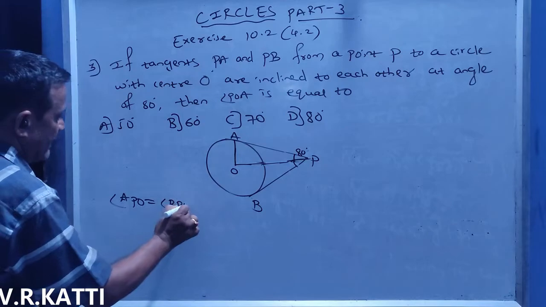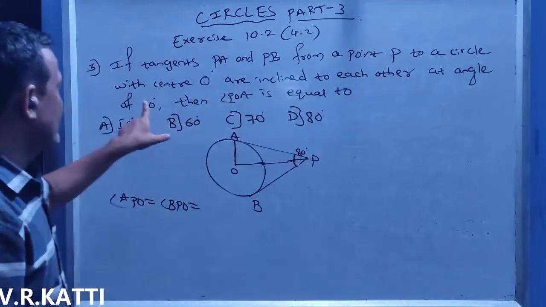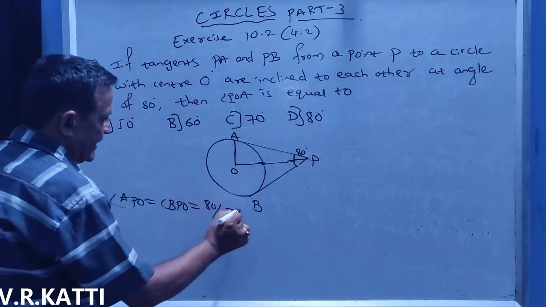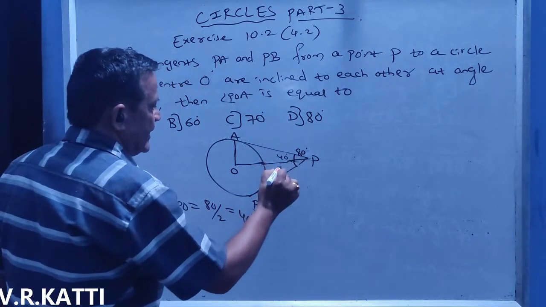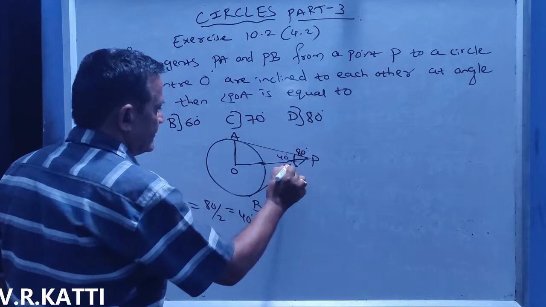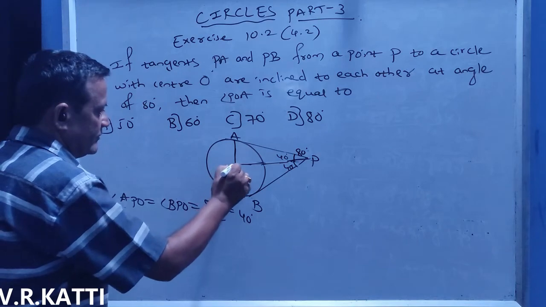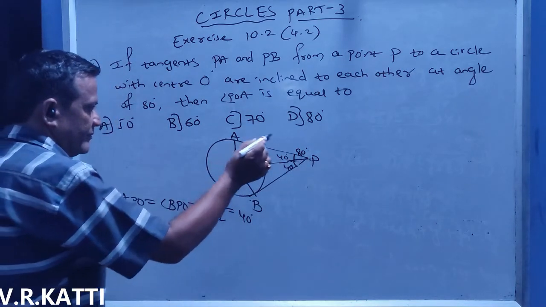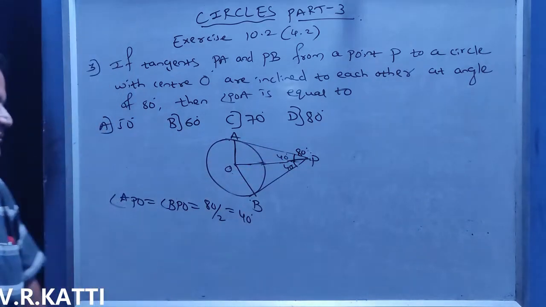So APO equals BPO. The total angle by which they are inclined to each other is 80 degree, given. So 80 half is 40. So here 40 and here 40. Is it not? So if you join OB, then BPO is 40, APO is 40.